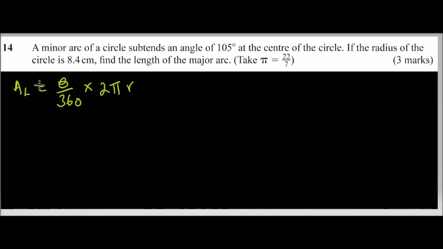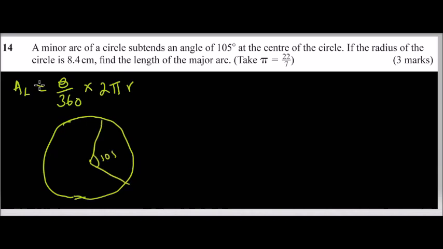Now let's understand the angles here. We can take this just as a sketch of a circle. We are told this is a minor arc, and it subtends an angle of 105 degrees. The angle of the major arc is what we need, and the radius is 8.4 centimeter. So first, let's get the angle.